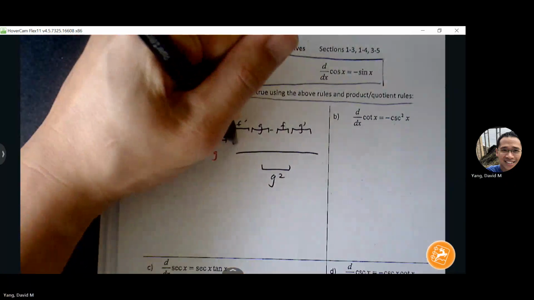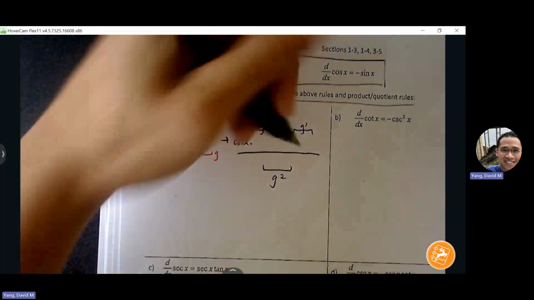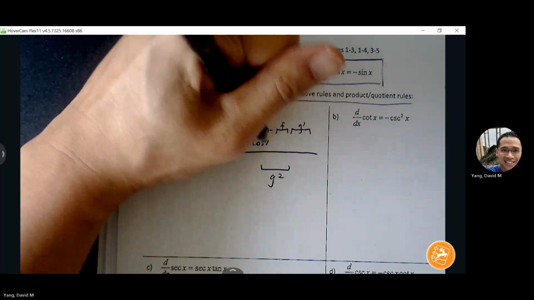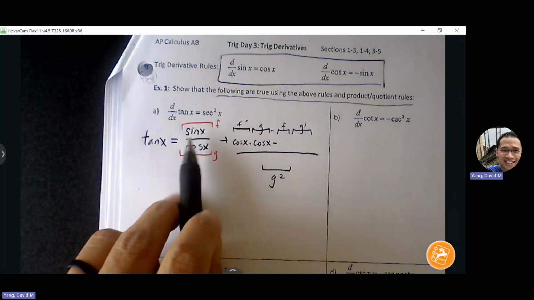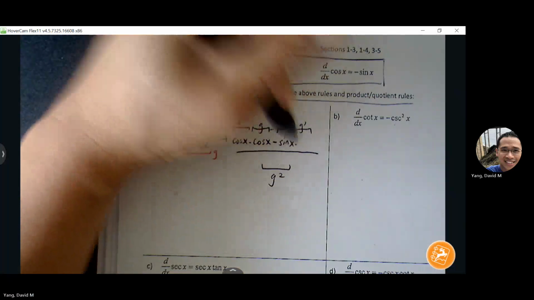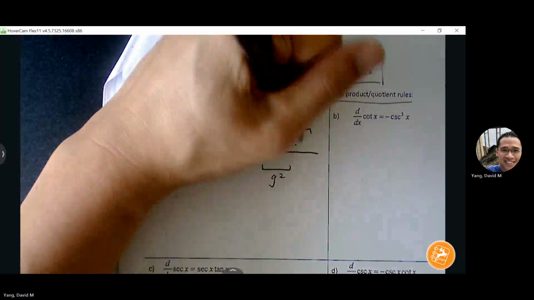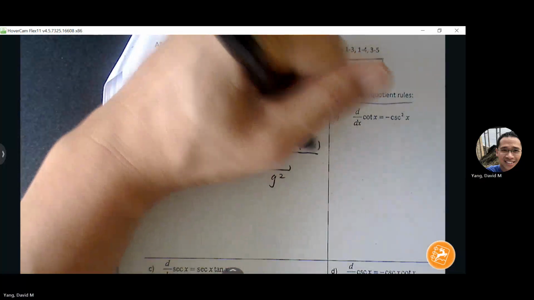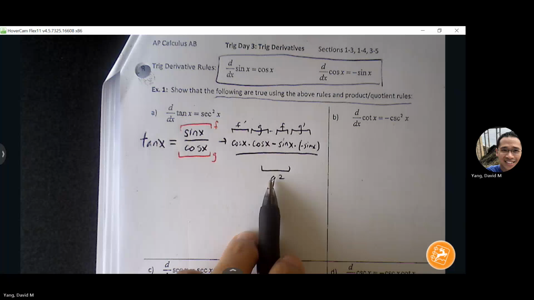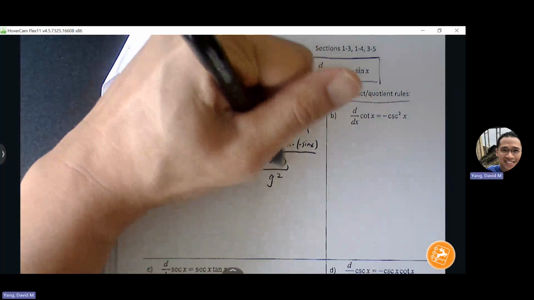Cosine, times the original g function, which is cosine, minus the original f function, which is sine, times g prime. What's cosine's derivative? Negative sine. All over cosine of x squared.